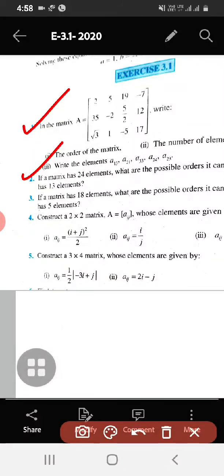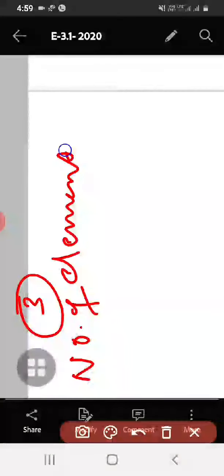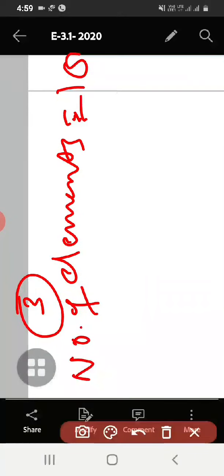See, the third question is a similar type of question: if a matrix has 18 elements, what are the possible orders it can have? What if it has 5 elements? Okay, third question. So let me take up the third question. Here the total number of elements is given as 18.